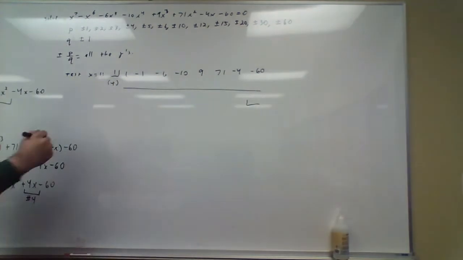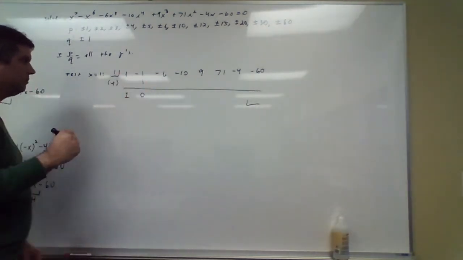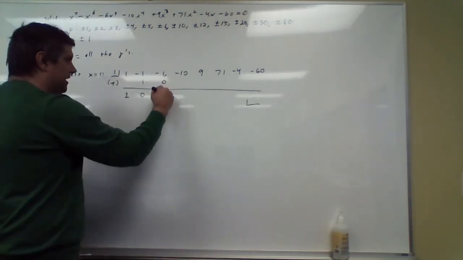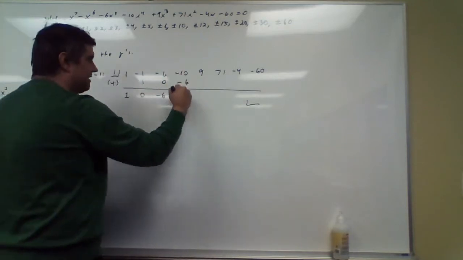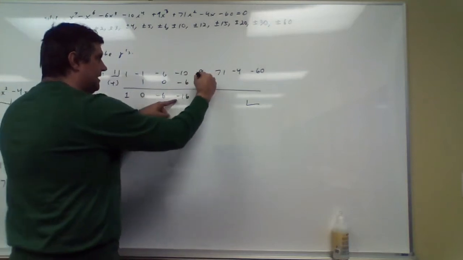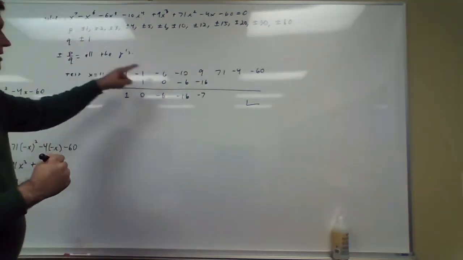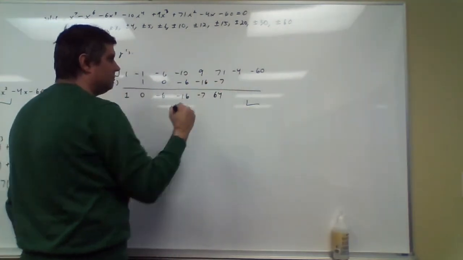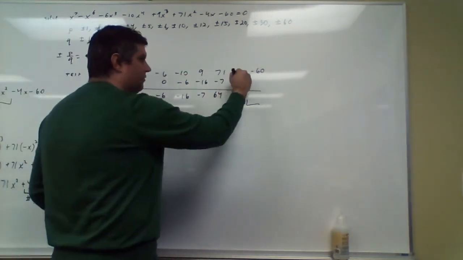All right? So I'll bring down the 1. 1 times 1 is 1, that's 0. 1 times 0 is 0. Negative 6. 1 times negative 6 is negative 6, that's negative 16. 1 times negative 16 is negative 16, that's going to be negative 7. 1 times negative 7 is negative 7, that's going to be 64. 1 times 64 is positive 64.